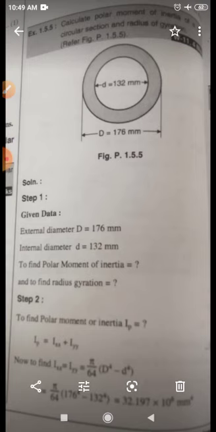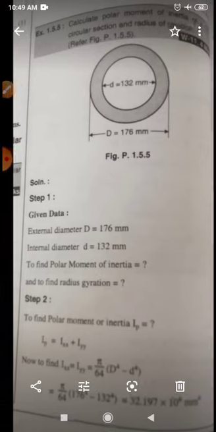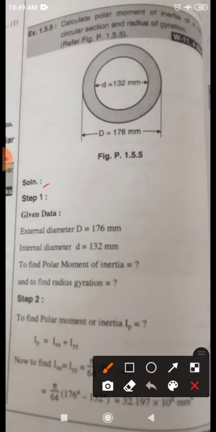If we know the moment of inertia about two perpendicular axes, then we can calculate the polar moment of inertia by adding the moments of inertia of those two perpendicular axes which are in the plane of the figure, and which is equal to the moment of inertia of the surface about the axis perpendicular to the plane of the figure. That same moment of inertia is the polar moment of inertia. That means Iz equals Ip, Izz equals Ip.